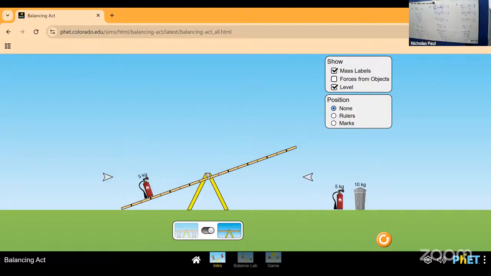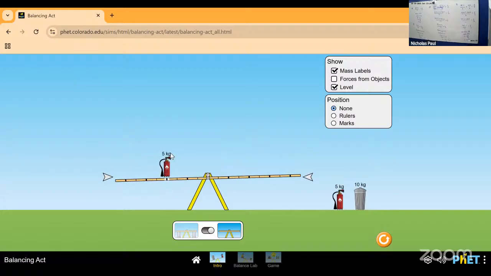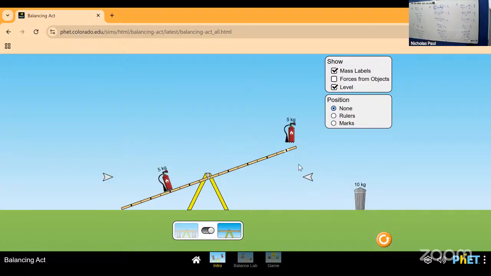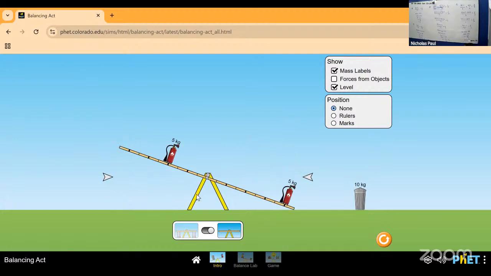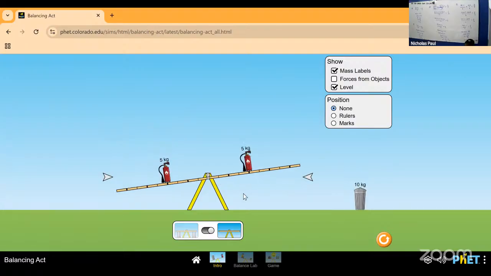Suppose I want to leave this 5 kilogram mass in, and bring a next one on the opposite side, but I want to get the plank balanced. How do I do that? Put them at the same distance away.